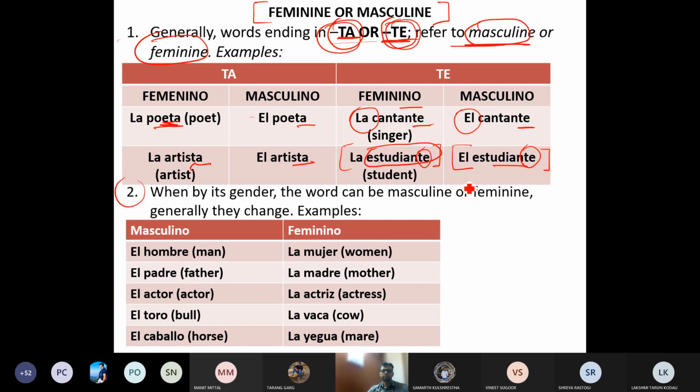The second one, what happens is you have to forget all the rules which I have given you earlier. What you have to apply in these cases is you have to see whether some of the nouns are biologically categorized into masculine and feminine.